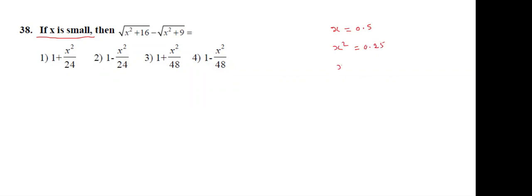Then what about x cube? 0.125. So as the power is increasing, the value is going to decrease. Yes or no? Have you understood now? This concept, remember it. x is small, x square, x cube and higher powers of x are also very small.